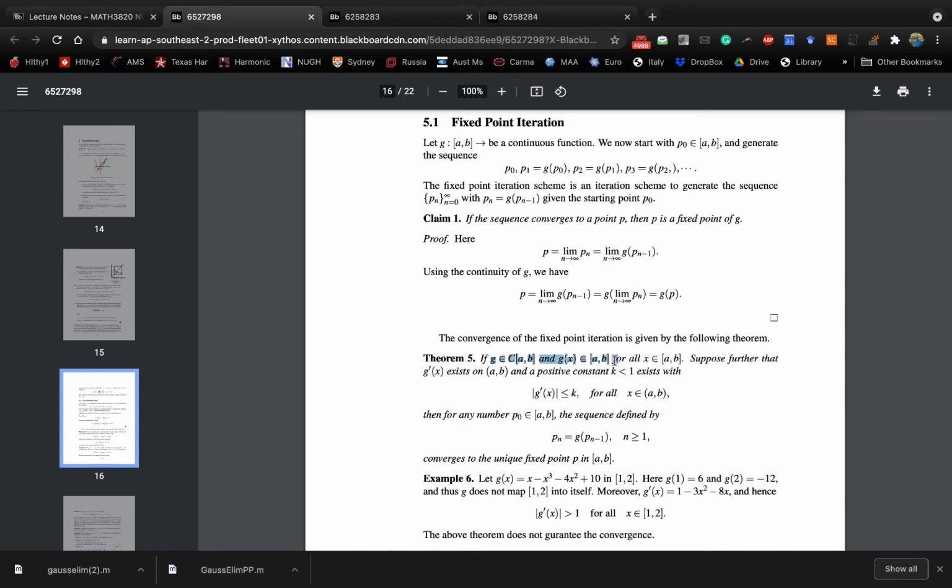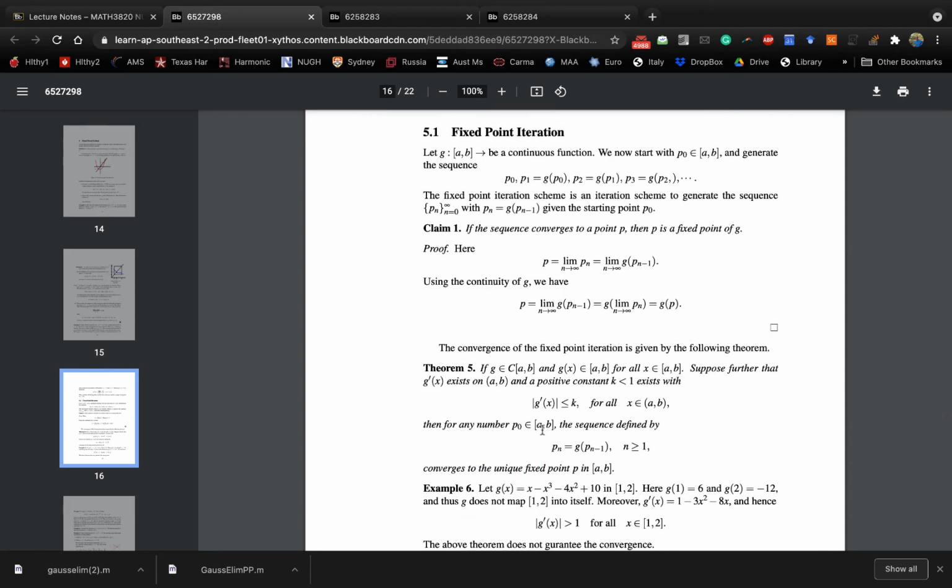It says that if g maps x from [a, b] into [a, b], and if the absolute value of the derivative of g is less than 1, then by this constructive sequence we are able to find the fixed point of g, which is equivalent to the root of the function f of x.